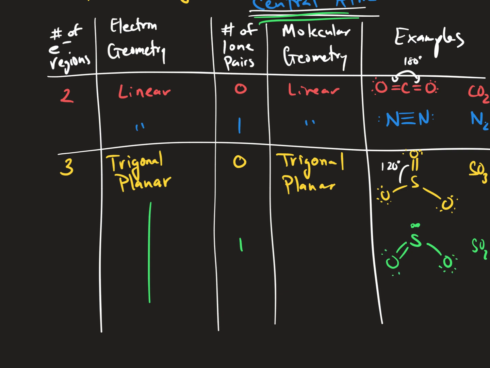Good? And what does that look like? Here's a line, and that's what it looks like. It's just bent. So that's what we call it. The angle here is still 120 degrees.